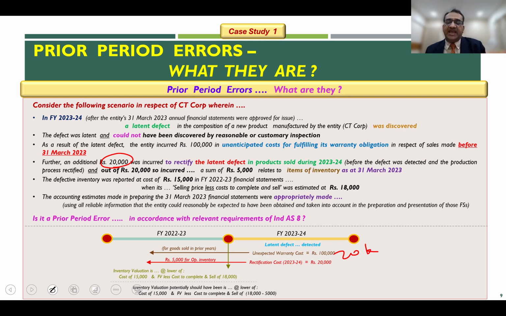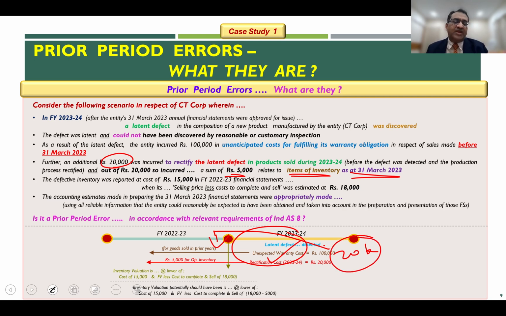Out of this 20K, 5K related to items of opening inventory as of the previous year. That means, though you have sold goods here, part of the goods were from the opening stock and part were produced in the current period. So out of the 20K spent to rectify the latent defect, 5K related to the opening inventory and 15K to the current period.